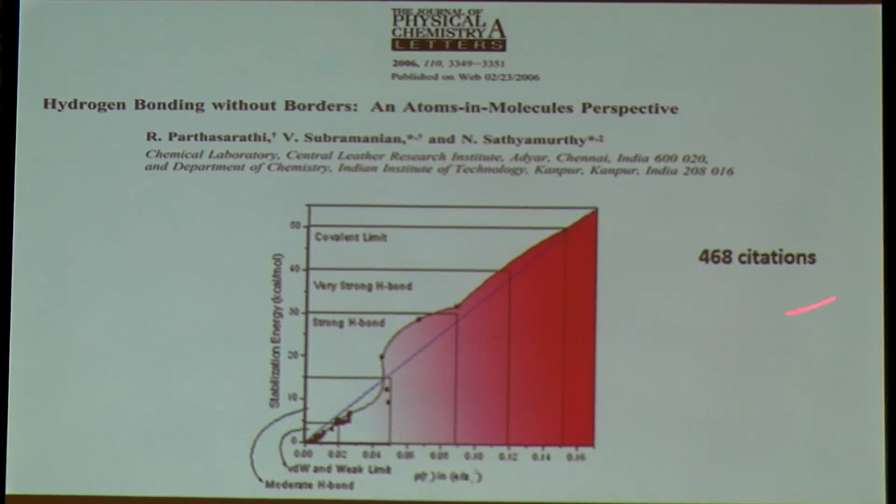It is very difficult to describe how they selected these numbers, but it is a rough estimate: a moderate hydrogen bond maybe around the 5 kilocalorie range, and then there is a strong hydrogen bond, a very strong hydrogen bond, and the covalent limit.